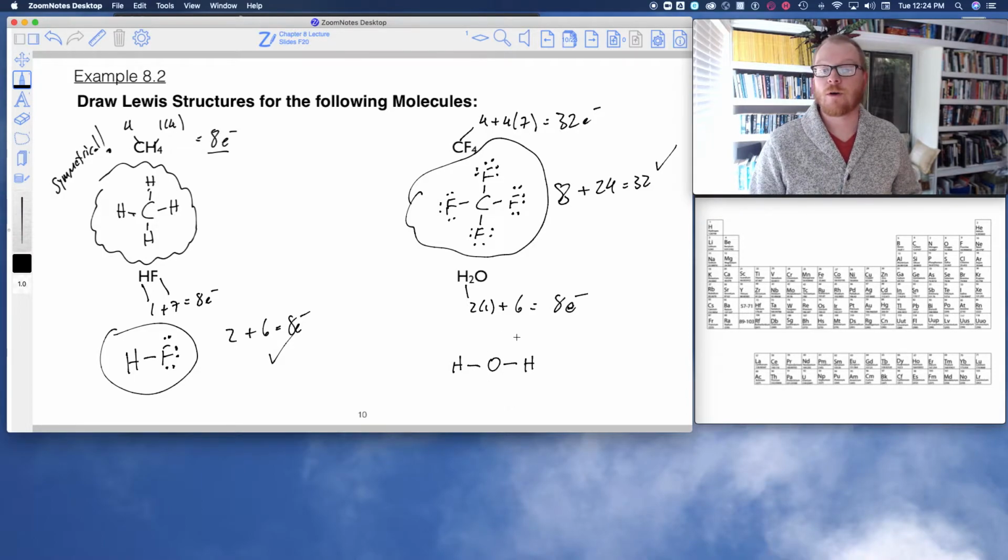Okay. 2, 4 from the bond, plus 2, 4 equals 8.